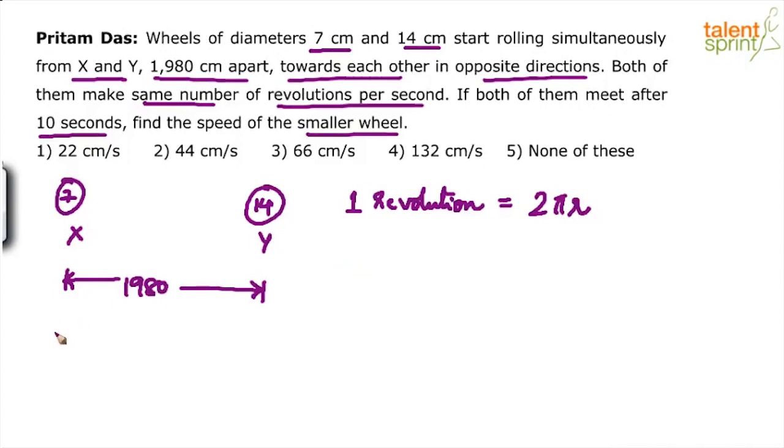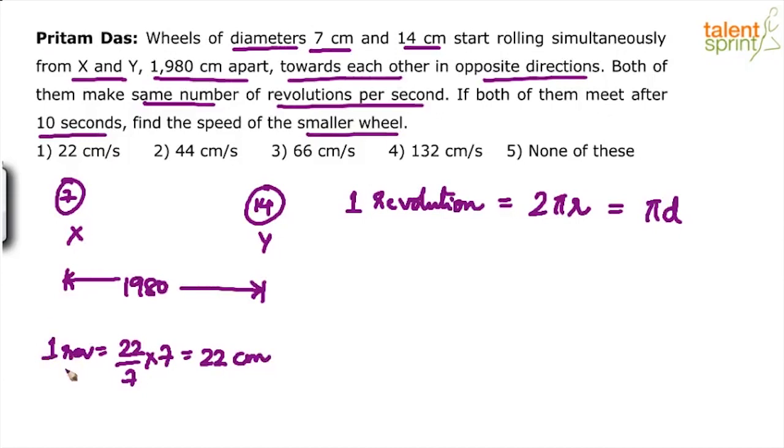So how much will the smaller wheel cover? The diameters are 7 cm and 14 cm. Either you can take the revolution as 2 pi r, or it can be taken as pi into d. One revolution of the smaller wheel will be equal to pi d, so 22 by 7 into 7, which is 22 centimeters.